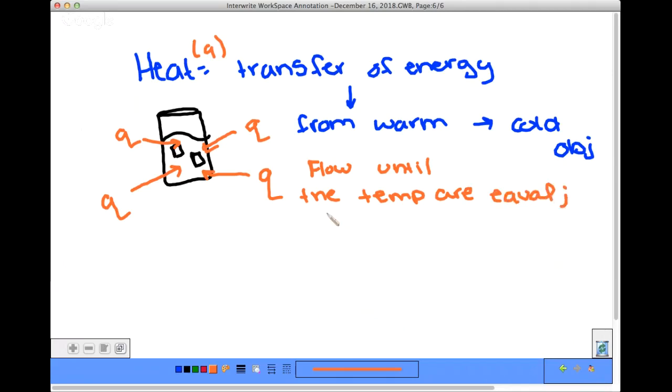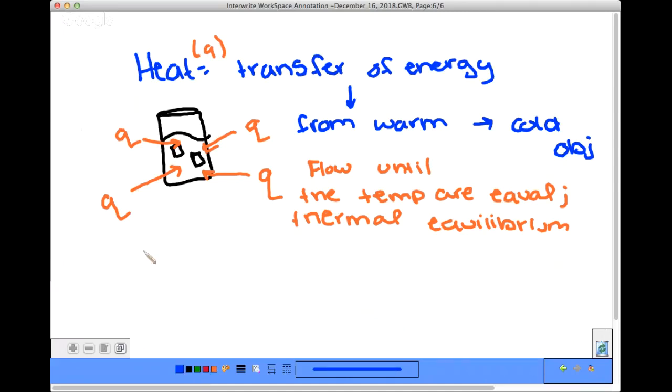Once the temperatures are equal, we have created something called thermal equilibrium. Once the inside and the outside are the same temperature, we won't have that transfer of energy.